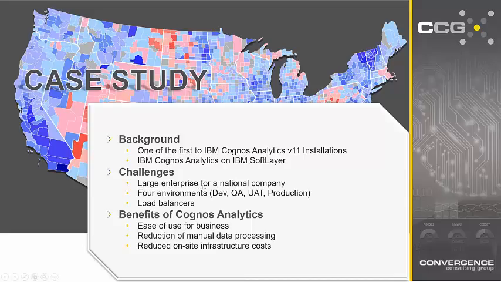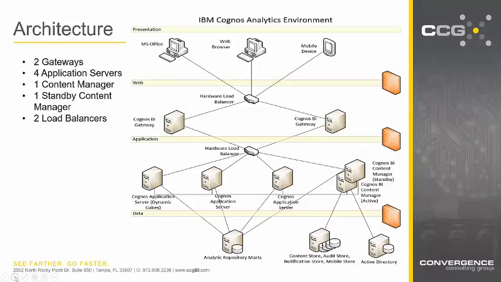So one of the first things here is just a quick look at what our architecture was in one of the environments, because there's actually 4 environments, and this sort of thing is pretty typical for most people to have 3, maybe 4 different environments to move stuff from development through testing and so on, all the way up to production.